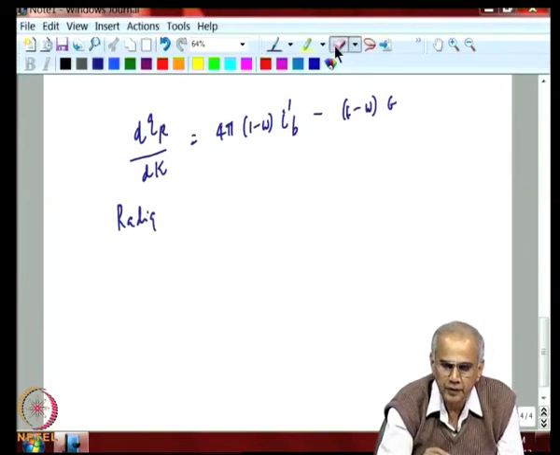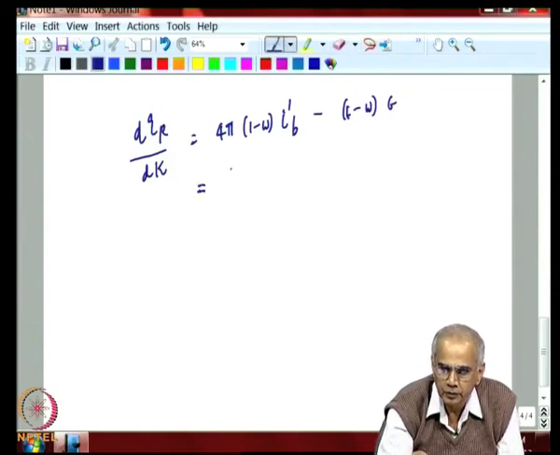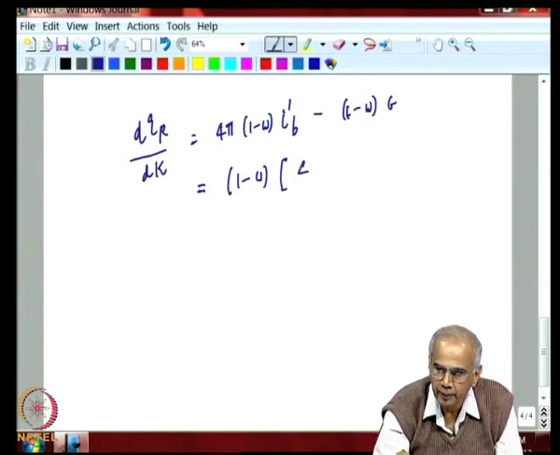Before I do that, let me simplify a little bit so that I make a point clear here. So, you can see here 1 minus omega comes common here, and you have 4 pi I prime b, or you can write 4 E b minus G.